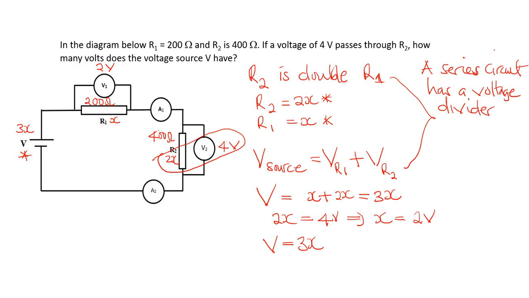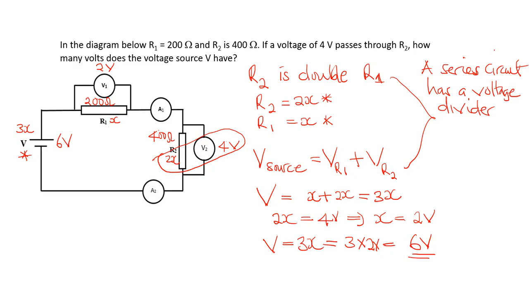So we know that each x is 2. So V is equal to 3x, which is 3 times 2, which is 6 volts. So the voltage from the voltage source is 6 volts.